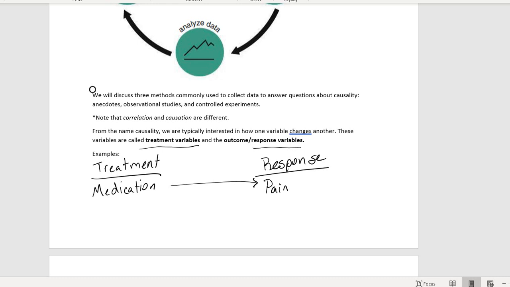Another one could be looking at different wax brands and how they affect the paint on a car. So when we talk about treatment, it doesn't necessarily have to be in the medical field. It could be a lot of different things and how other things respond to them.